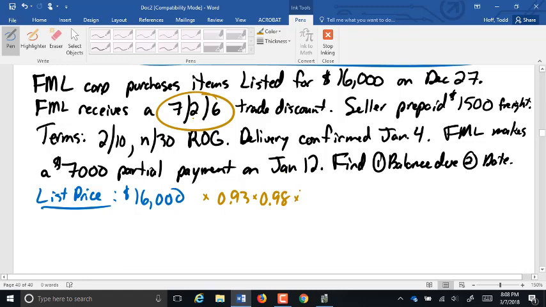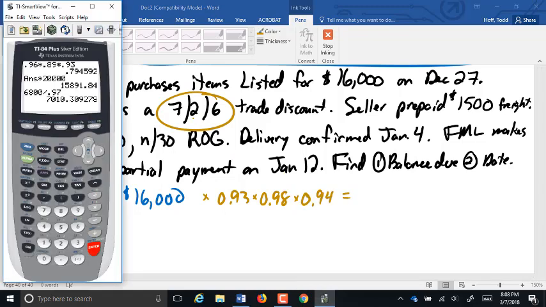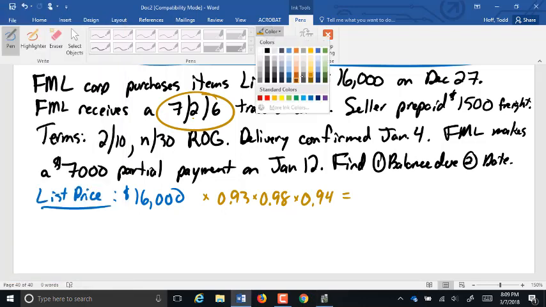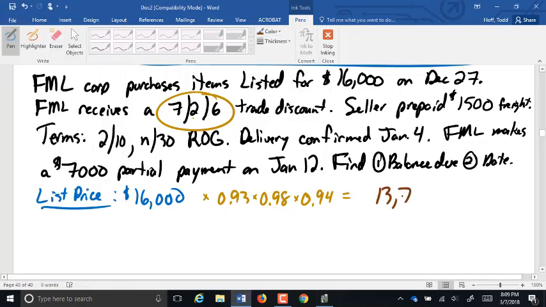From the 2, I get 0.98. From the 6, I get 0.94. So I'm just going to multiply that right out. Gives me the net price of $13,707.46.